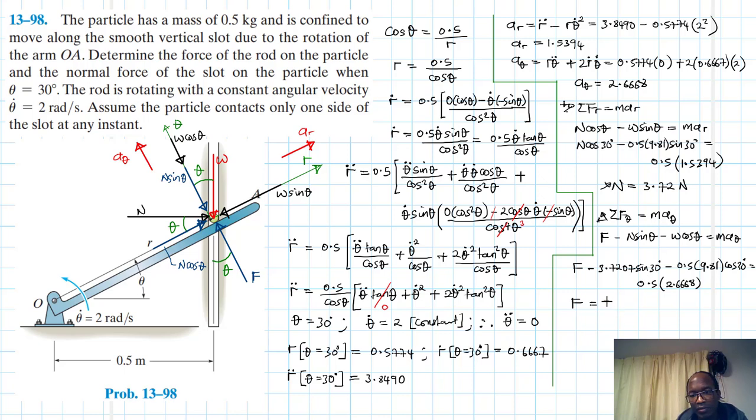So our F is 7.44 newtons, and it is in that direction like so. Alright, I guess this is about it. We have found the normal force, as well as the force that is exerted on the cylinder.